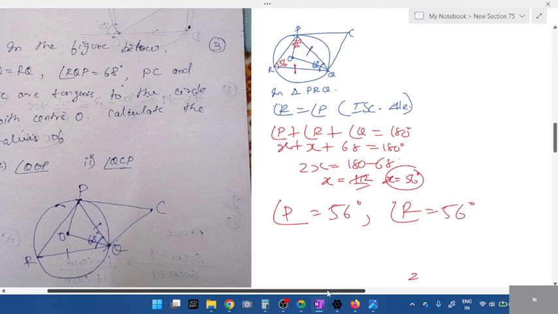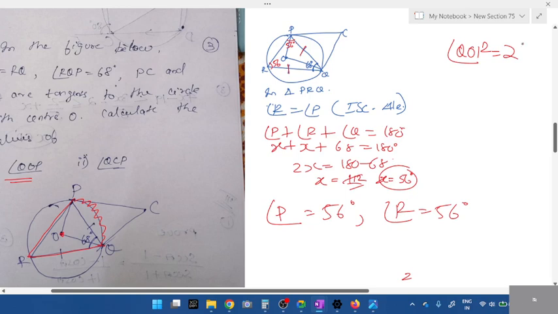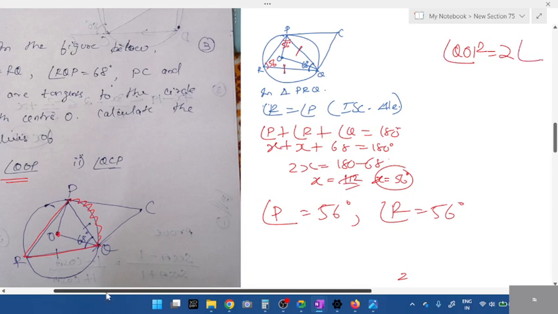Okay. Next, you can use the center. What is angle QOP? Where is angle QOP formed? Center or circumference? Center. Angle QOP is equal to 2 times the angle on the circumference on the same arc. Where is the angle formed on the circumference? PR. All of you will respond. Which is the angle formed?